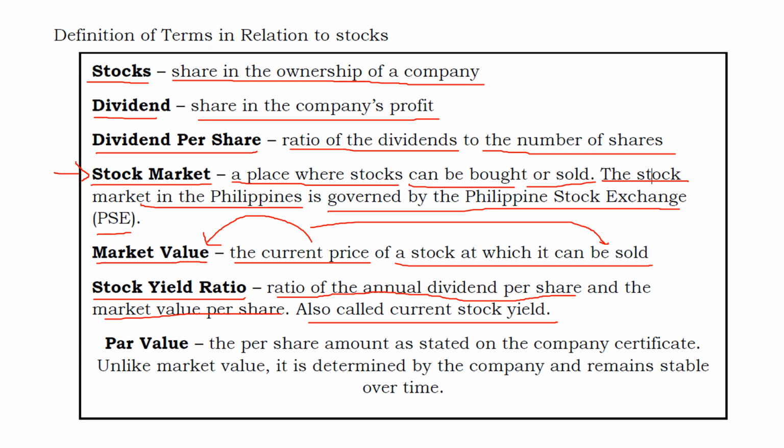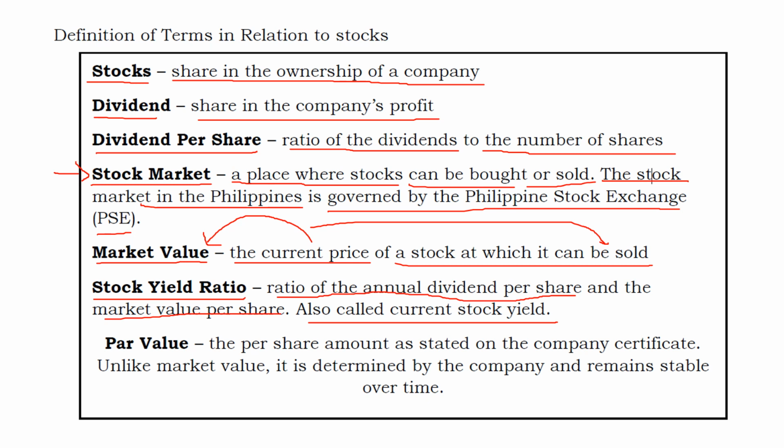It is calculated by dividing the annual dividend per share by the market value per share. So that's how we get the value of the stock yield ratio.